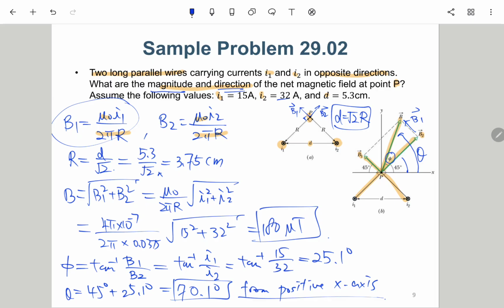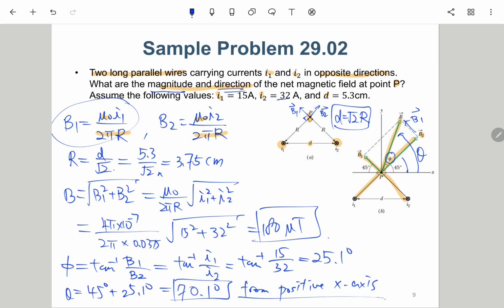So this is something like, you have multiple charges, and all of them will generate E field. It asks you what is the total E field at a certain point. Here similarly, you have multiple currents at some places, and all of them generate B field.